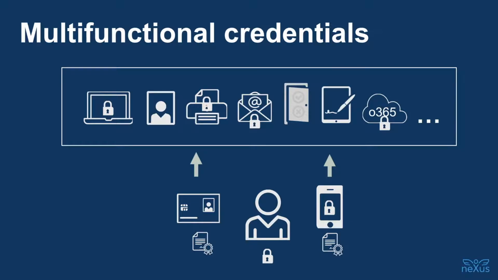But I'm also able, with that very strong identity, to issue the mobile strong ID and get access to all types of different applications, being in the cloud or on premise. So it's really about flexibility and being multifunctional.